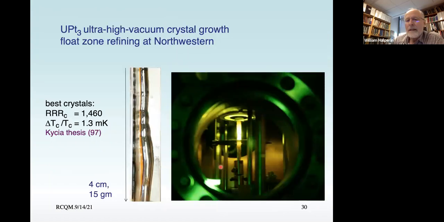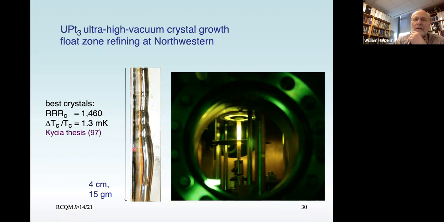Now, here in my group, after we set up this crystal growth facility some years ago, we were able to grow pretty good crystals. Here's a crystal we call ZR8. It has a very high triple R, but not the best. The best that we've gotten is 1500.